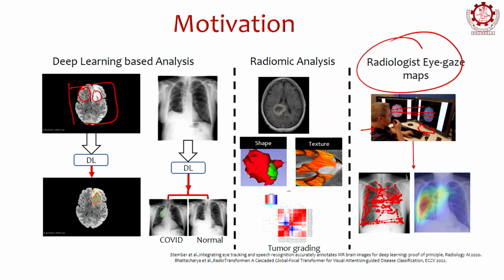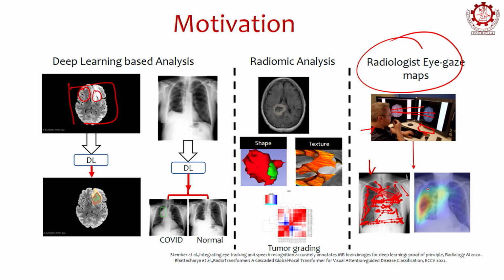So let me go back here. You look at this image, you see how random it is, right? Maybe the radiologist starts here, goes to another point, then goes back and forth. This looks like a very random pattern.